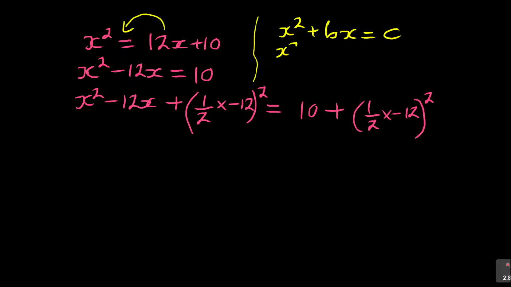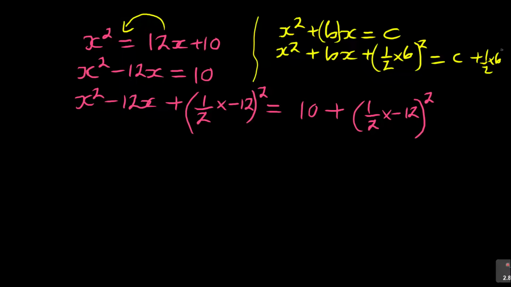You say x squared plus bx plus half times the coefficient of x, that is 1 over 2 times b, and then you square it, is equal to c plus 1 over 2 times b, and you also square it. But what you do on the left, remember, you have to do on the right. And then when you have done that, you simplify what is inside the bracket.